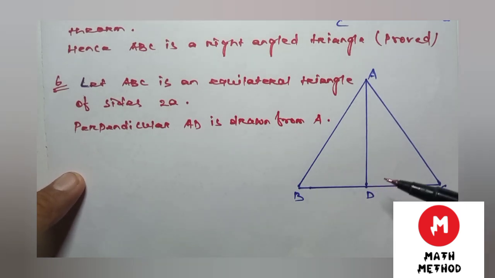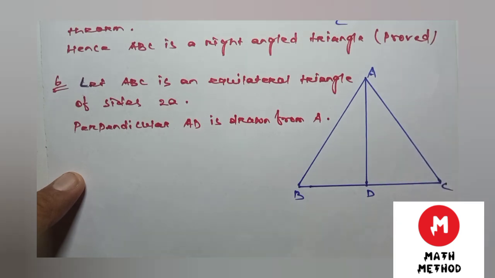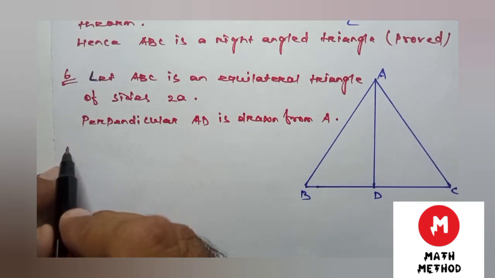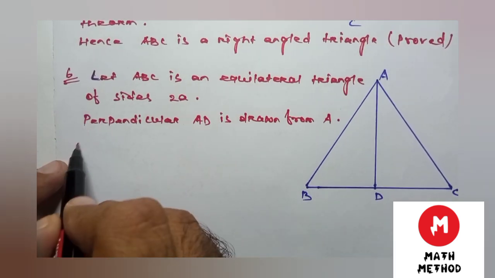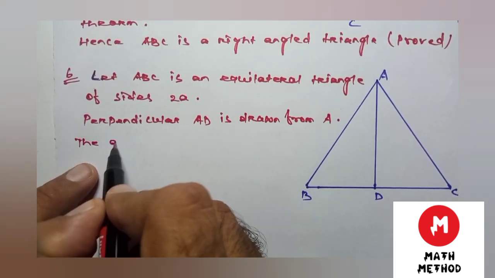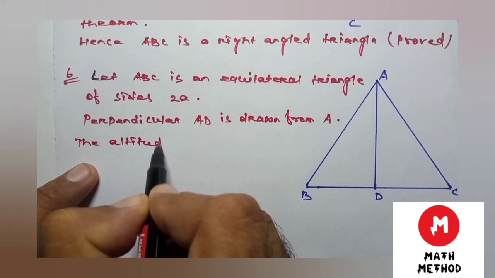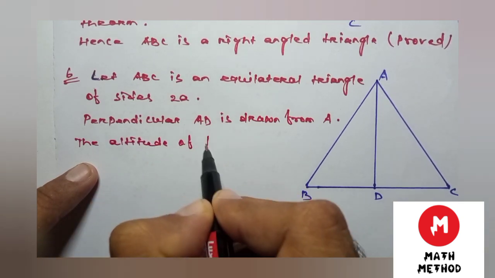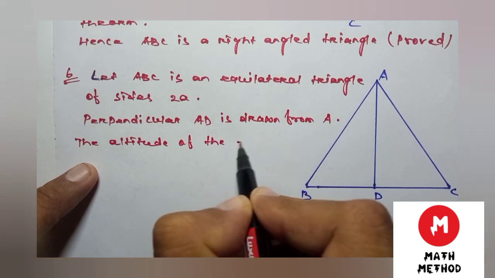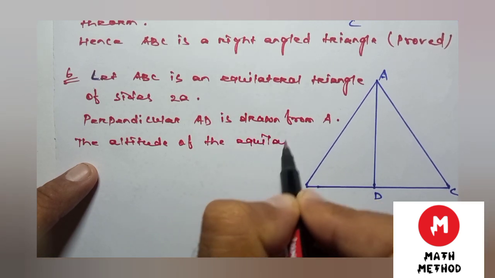So we know that the altitude of an equilateral triangle bisects the opposite side. I am writing this: the altitude of the equilateral triangle bisects the opposite side.